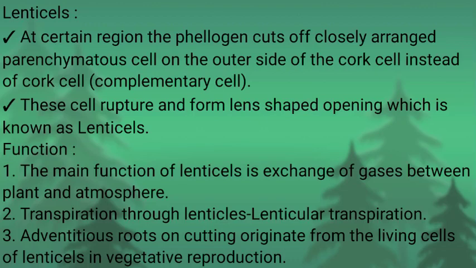Functions of lenticels: the main function is exchange of gases between plant and atmosphere, which is called gaseous exchange. Lenticels also perform transpiration, called lenticular transpiration. Adventitious roots on cutting originate from the living cells of lenticels in vegetative reproduction.